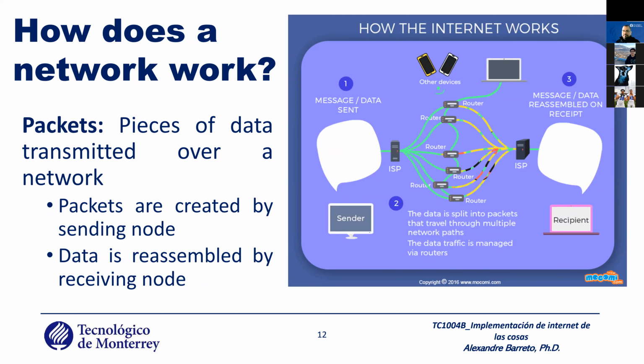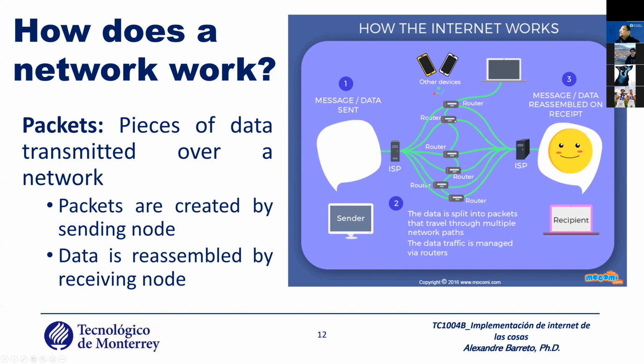How does the network work? This example here is very amazing. Think of position 1, okay, I get the pointer. In position 1, you have the sender, and in position 2, you have the receiver. Okay, and how does it work? The sender wants to send a message. To send a message, you need to break this message into small parts, small pieces of the message, and send these pieces through the network.